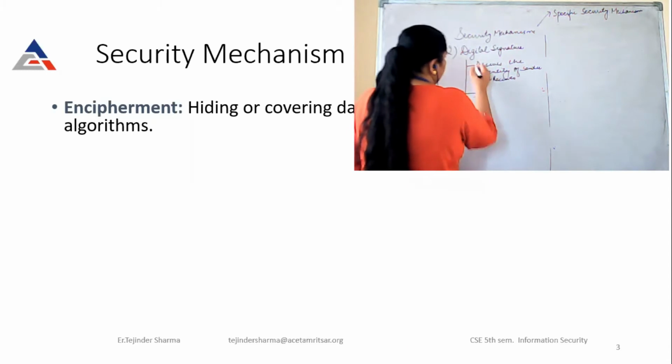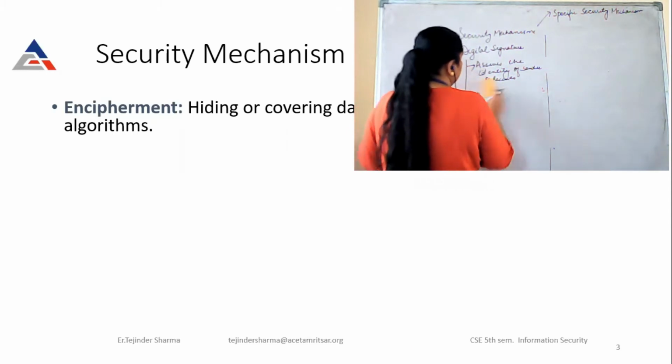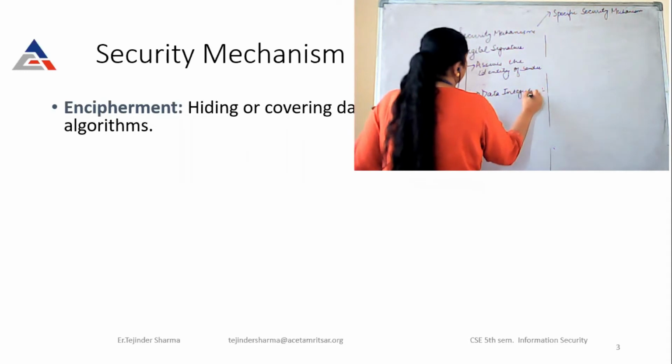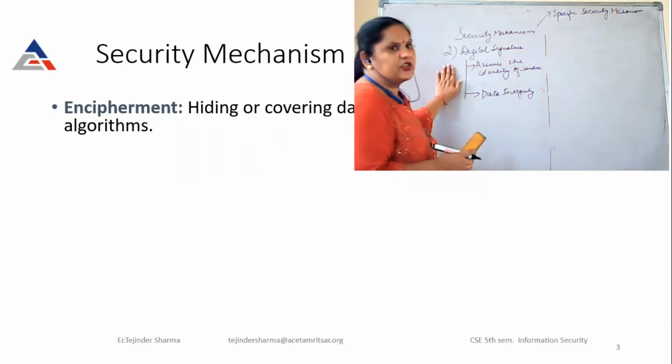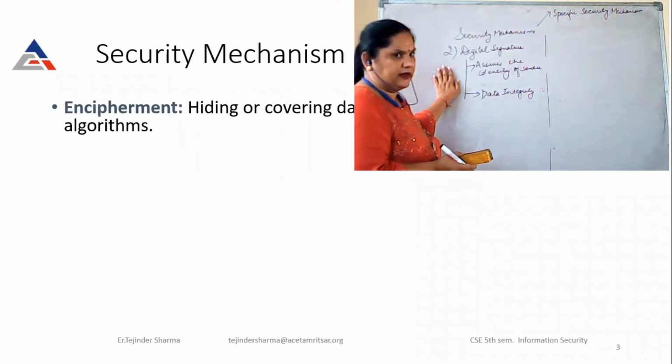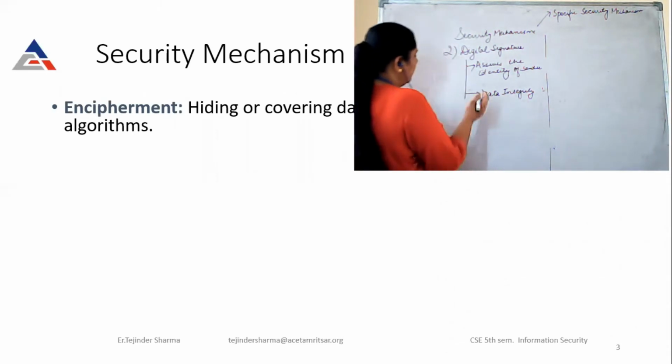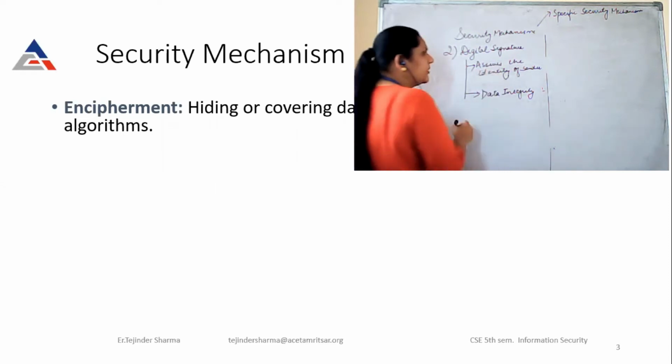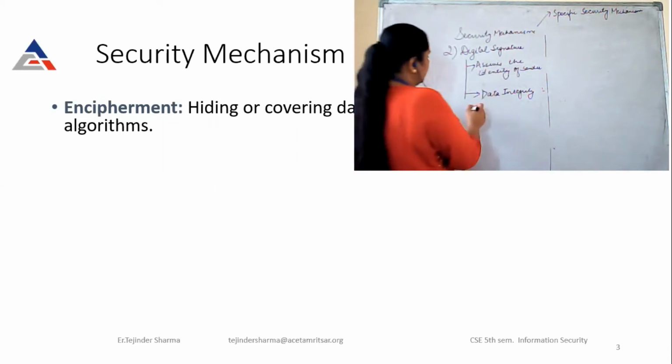Second, it assures data integrity. Now, how does this happen using the digital signature? A digital signature means to electronically verify the message whichever we are sending. Fine. I'll not go into much detail because we'll be doing this in unit 4 of your syllabus.